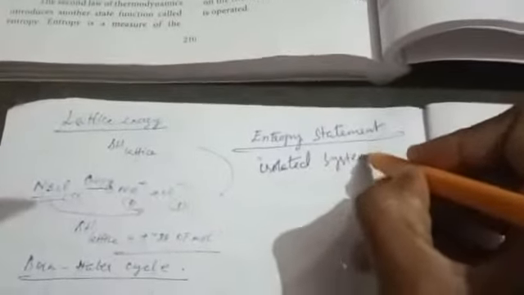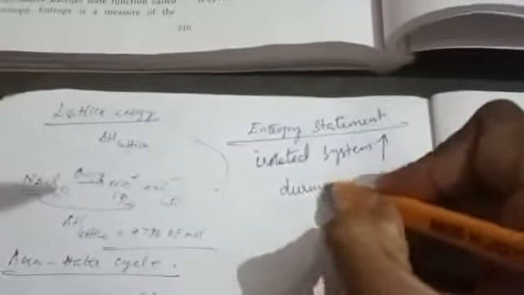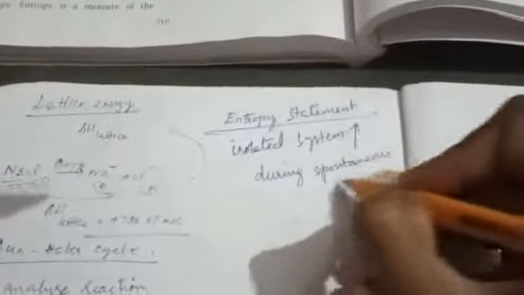Now the entropy statement of the second law. Previously, what is meant by entropy? Now the entropy statement: the entropy of an isolated system increases during a spontaneous process.